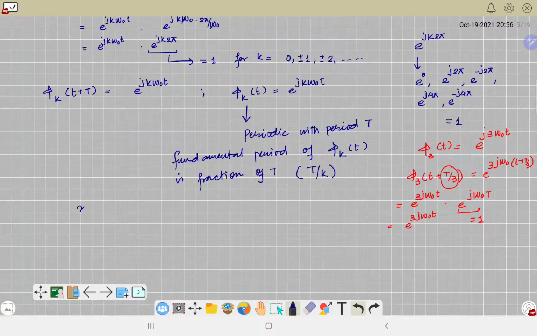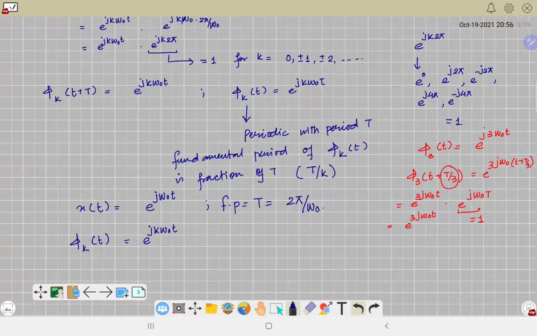So if I have a normal exponential x of t equal to e raised to the power j omega naught t, its fundamental period is T, which is related to omega naught like this. And if I define a new series of exponentials phi k of t as e raised to the power j k omega naught t, it will have a fundamental period T by k, which will be 2 pi by omega naught k.